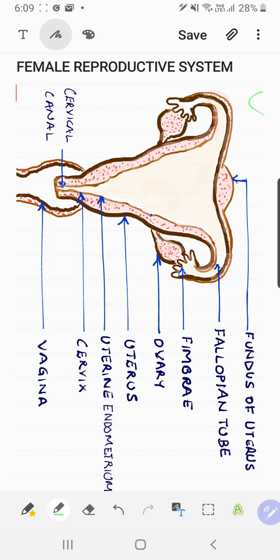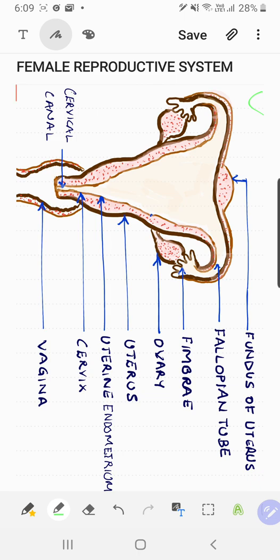Before I start with the structure, as last time we discussed, when we talk about the reproductive systems, the organs which constitute a reproductive system are categorized as primary sex organs and secondary sex organs. Primary are those which are involved in the formation, the production of gametes, the reproductive cells, and secondary sex organs are those which help in transferring these gametes to their respective sites so that they can fuse with each other.